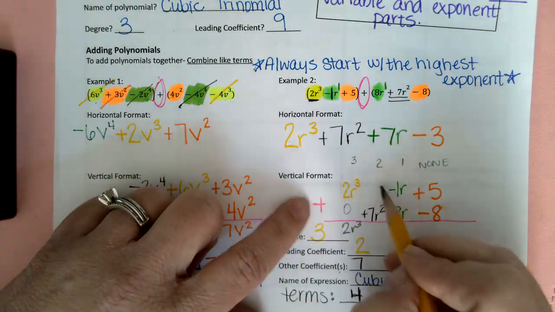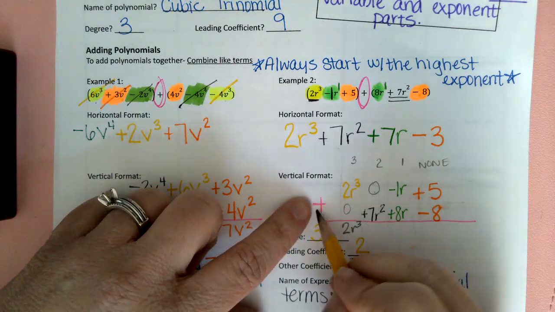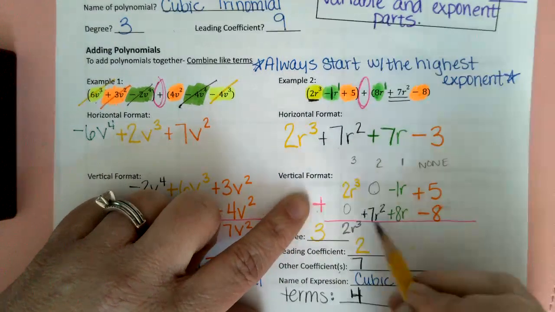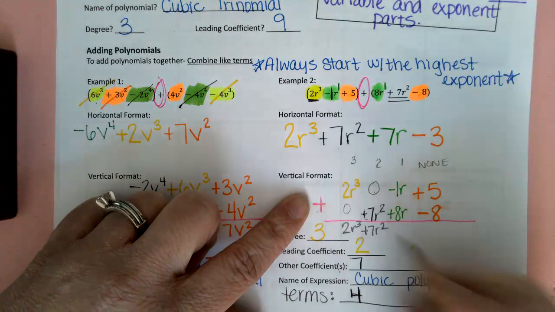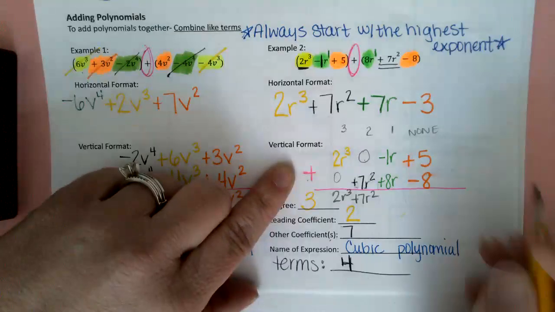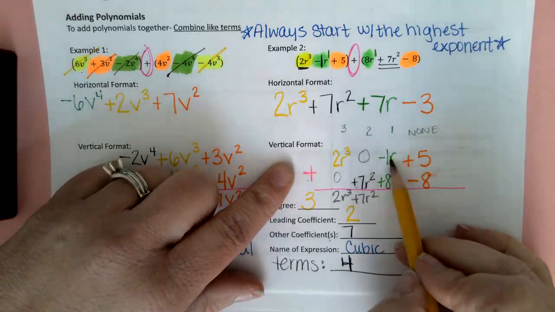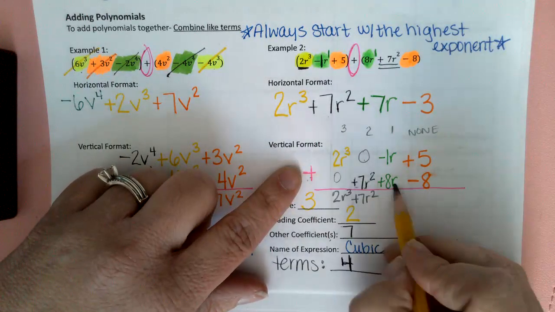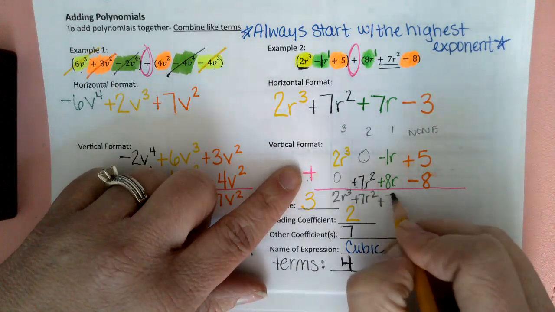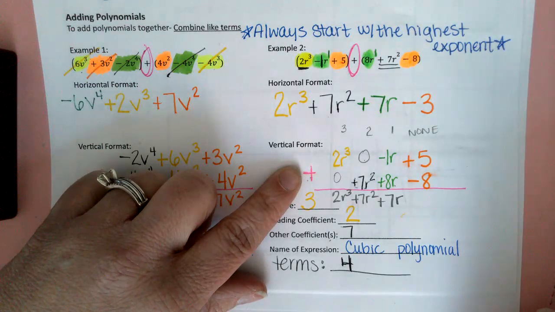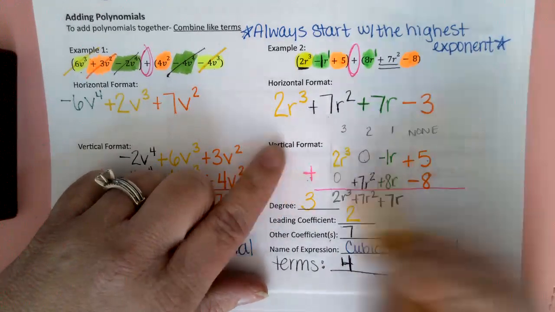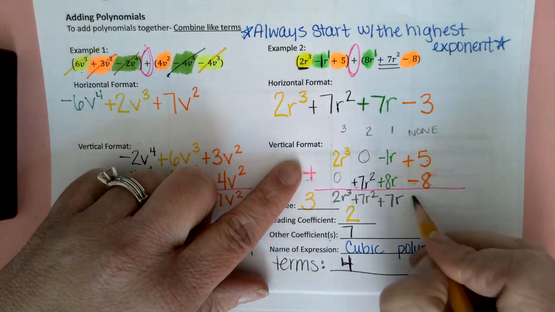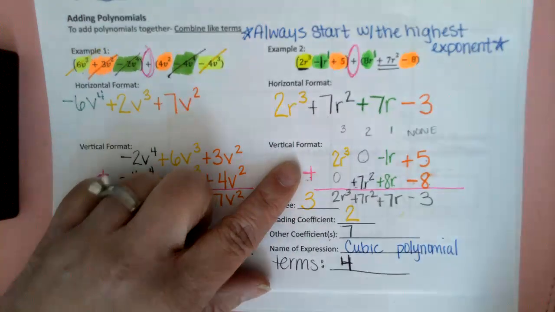Then I have 0 plus, because there was nothing there, so 0 plus 7r squared is a positive 7r squared. Next is negative 1 plus a positive 8 is a positive 7r. And then last is a 5 plus negative 8 is a negative 3.